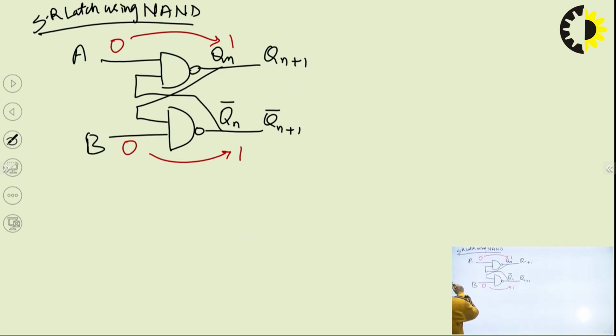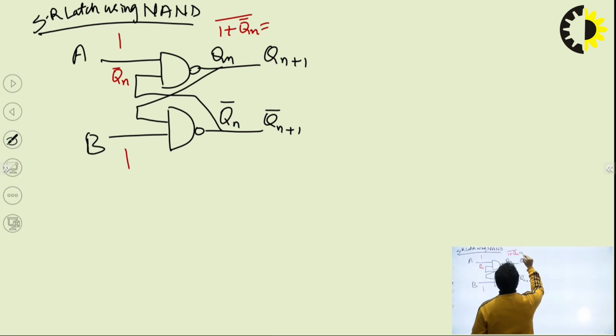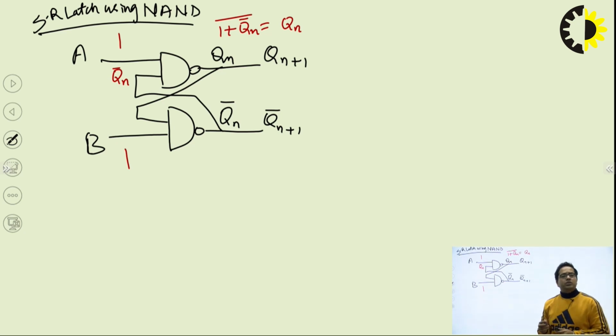Now the last combination which is left is your 1, 1. So we will try to visualize that also. 1 and 1. Now for 1, 1, if I am considering the upper two terminals, so this is my Qn complement, so its output will be 1 plus Qn complement to the whole complement, which equals Qn.